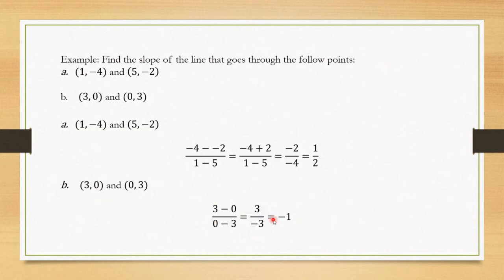We end up with 3 over -3, which is -1. So again, 3, 0 and 0, 3 are coordinates from the same point. We subtract, and we get -1.